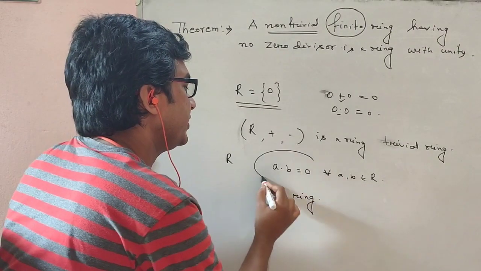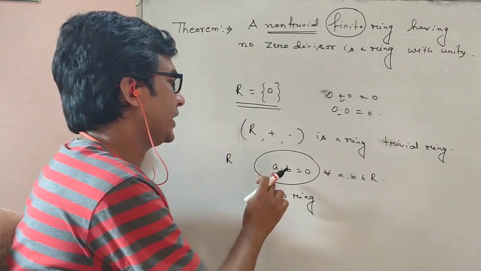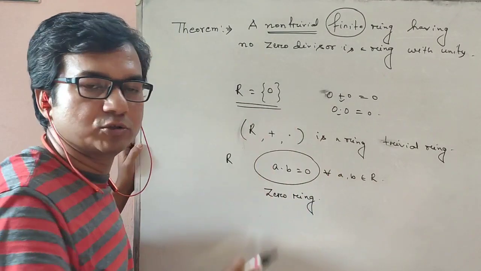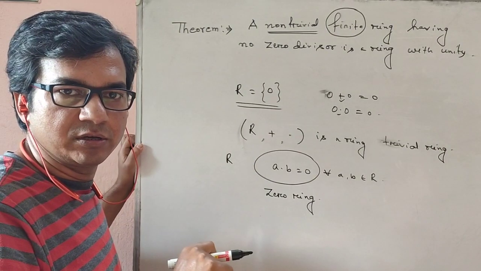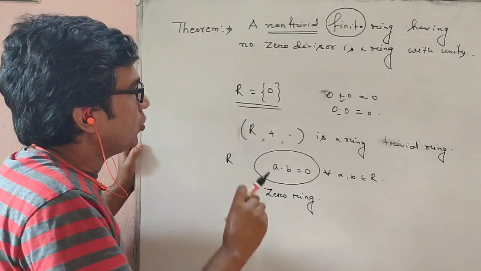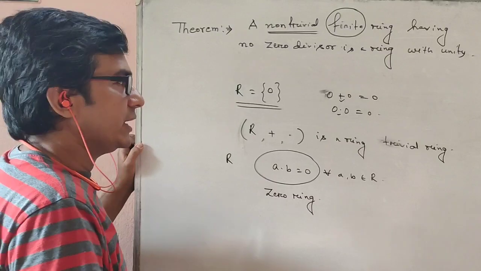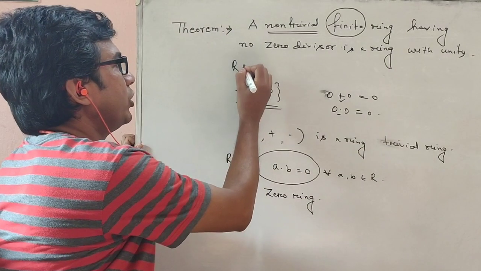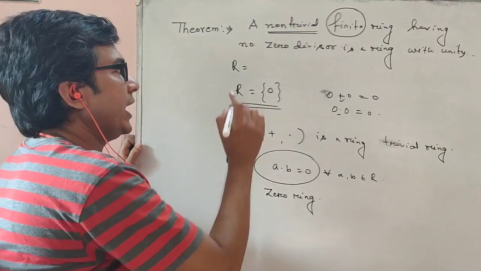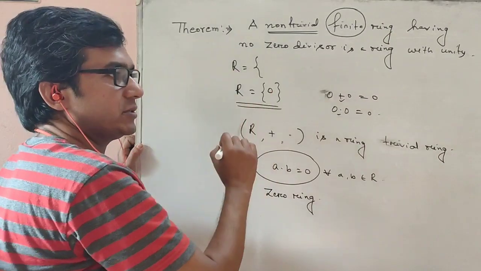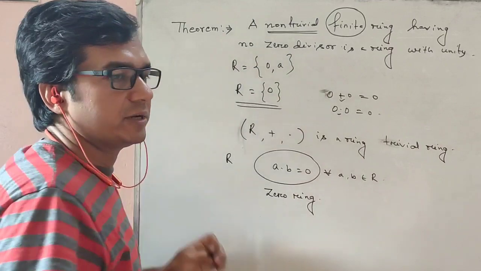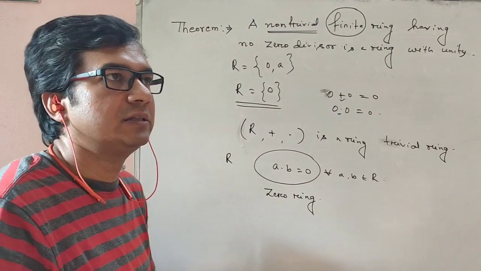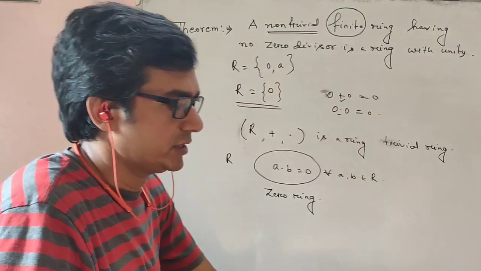Here the definition of dot is A dot B equals 0 for all A, B belonging to R, and the definition of plus is as usual. Now, which is a non-trivial ring? A ring containing at least 2 elements, that is 0 and at least 1 non-zero element, is called a non-trivial ring.